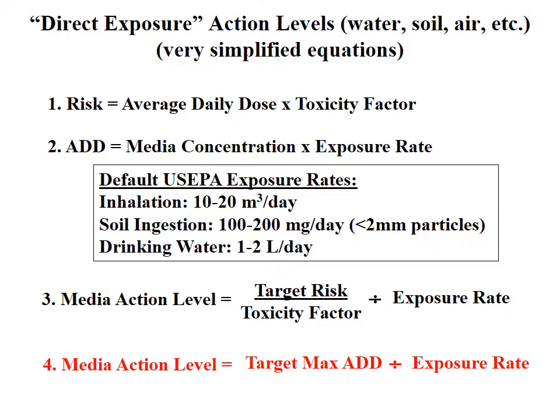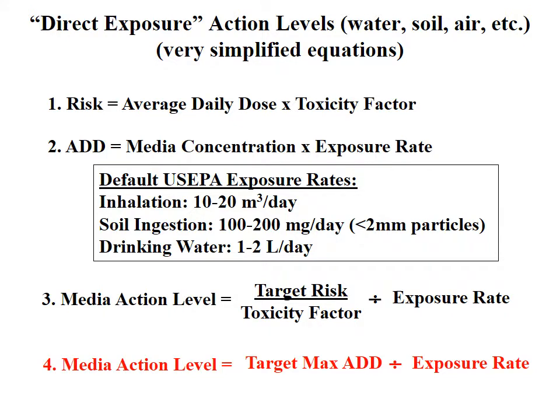So risk is a function of your average daily dose. And here we're talking about chronic risk, where exposure to something could be at very, very low concentrations, but exposure over many, many, many years. So risk is a function of the average daily dose, or the mass of this contaminant you're getting in your body every day, times some toxicity factor. And this is usually based on animal studies or other studies, where they develop a toxicity factor.